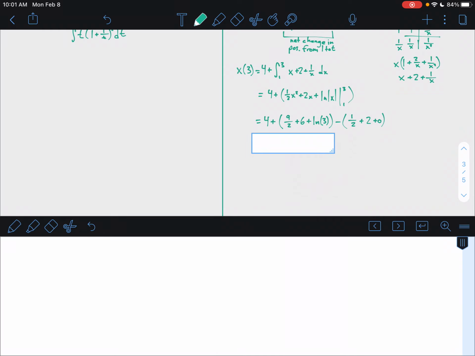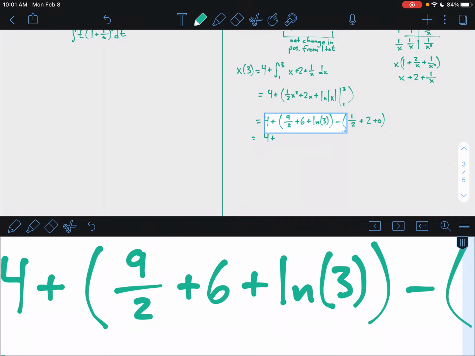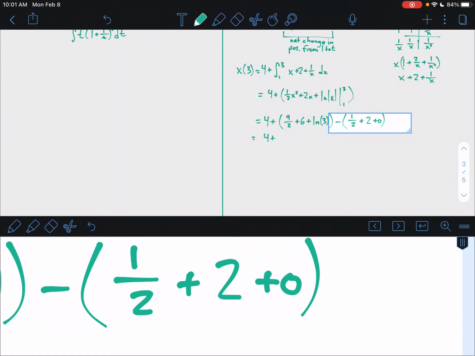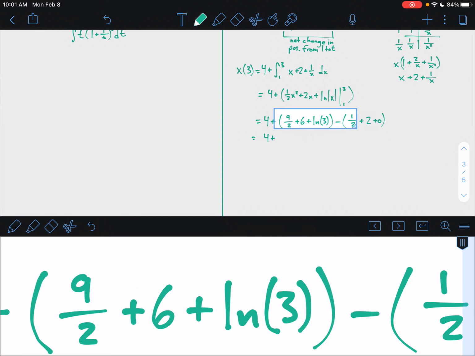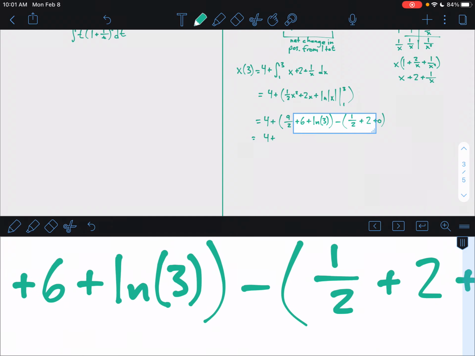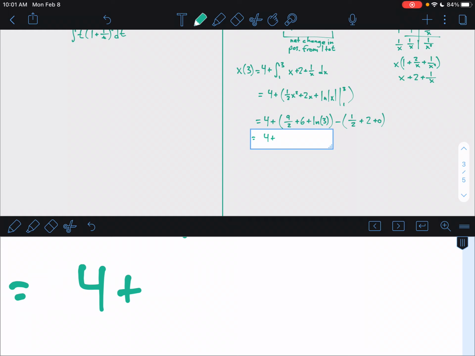So this is going to work out to 4 plus, I have 9/2 plus 6. Well, 9/2 minus 1/2 is 4. So it's basically like 4 plus 6, and then minus this 2 over here. So 4 plus 6 is 10, minus 2 is 8.